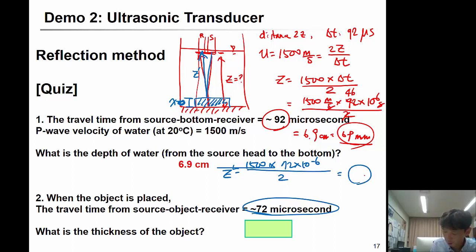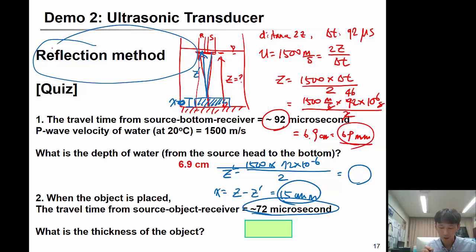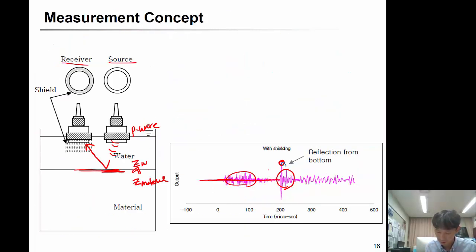And this will give you some number, and x will be z minus z prime. So then this is about 15 millimeters, 1.5 centimeters. So the reflection method is based on this kind of fundamental mechanism. So you have to pick up the travel time here. So how long it has taken from the zero, the excitation of the P wave.